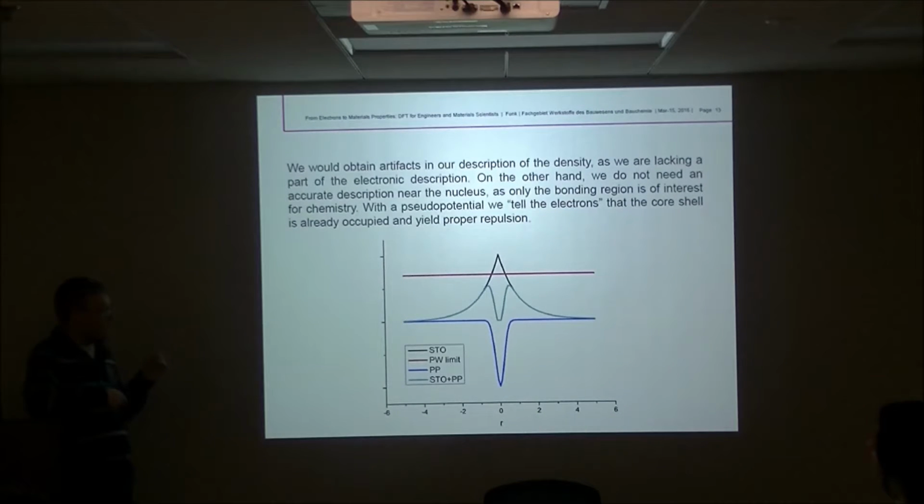Do not use a pseudopotential which has been optimized for PBE for BLYP. You can be lucky and it, by fortune, just has exactly the same core shell, but if not, then the electrons in the valence shell do not experience the correct repulsion.